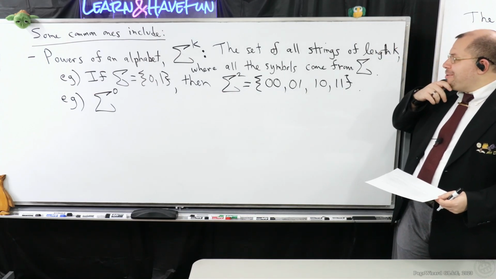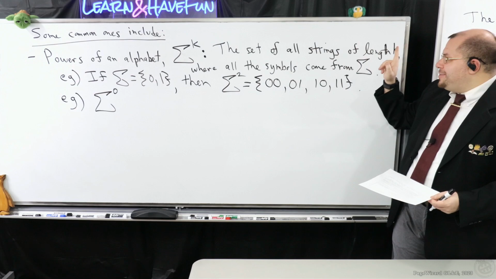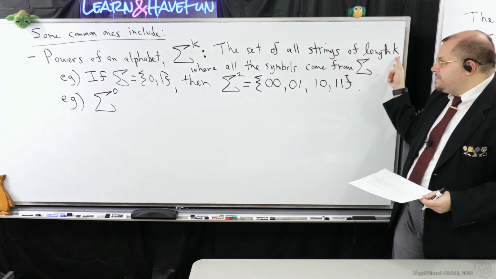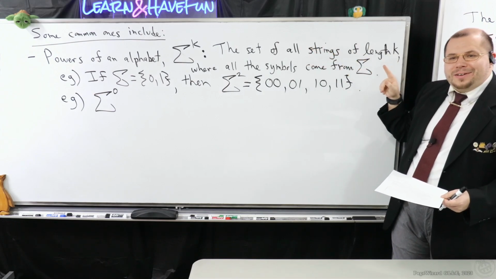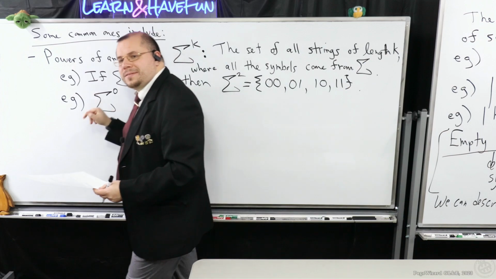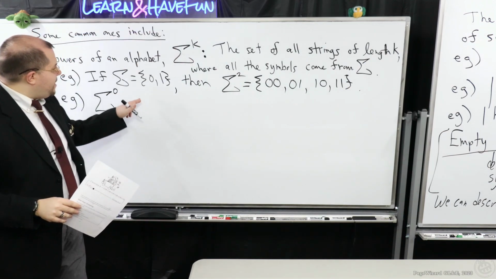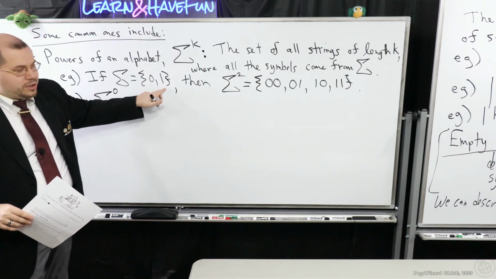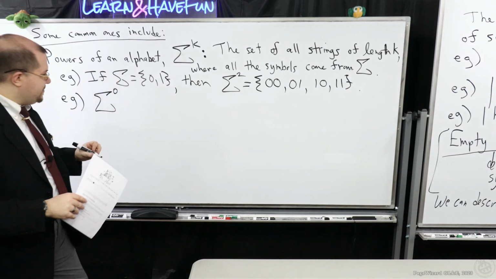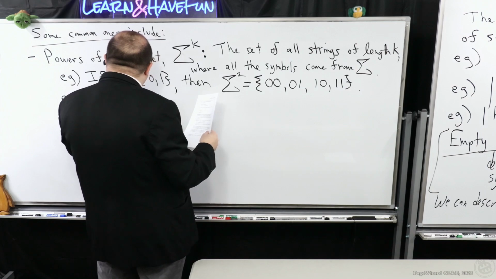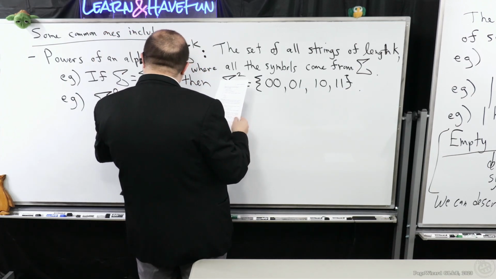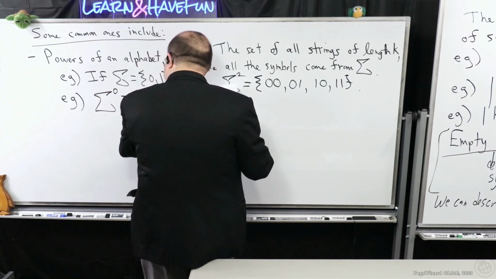But remember, that's not necessarily how this definition works. It says the set of all strings of length, whatever that is. So what's going to be in this set? And I must stress that a set is just denoted here with these curly braces around the objects inside of it, what we call the elements of that set. So what is this then? What's inside of here?